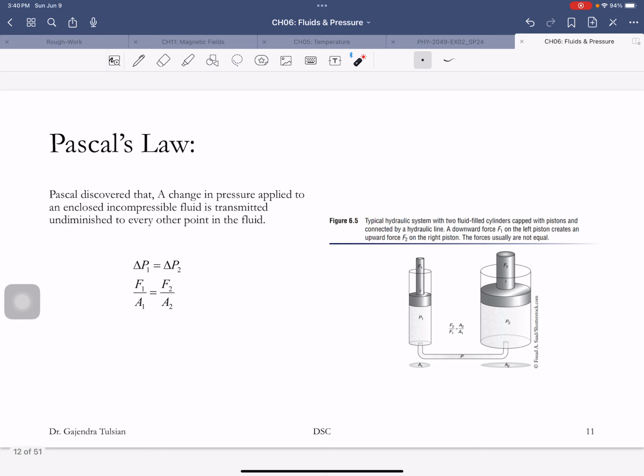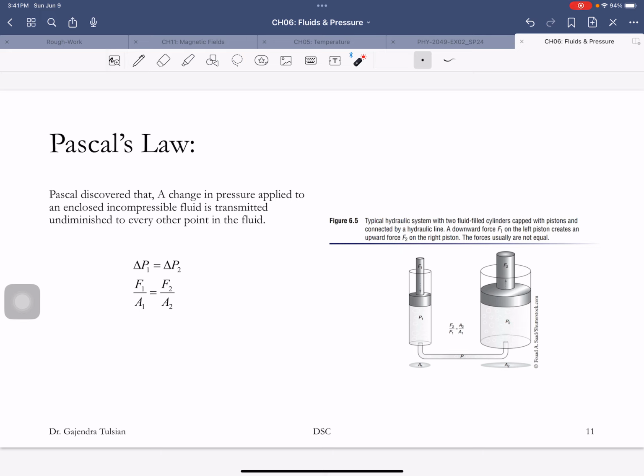All right. Now we'll study Pascal's law. If you have an enclosed fluid, what Mr. Pascal discovered was, if you increase the pressure at any point in the fluid, let's say you press down on it and increase the pressure at this point by half an atmosphere, at every point in the fluid, the pressure will increase by half an atmosphere.